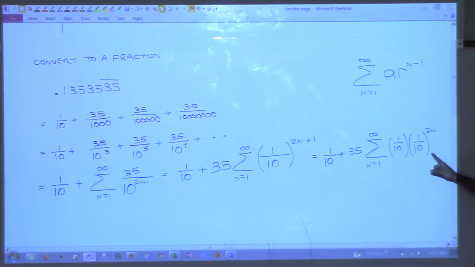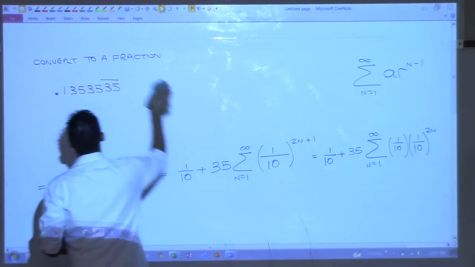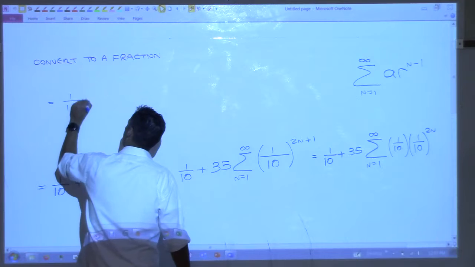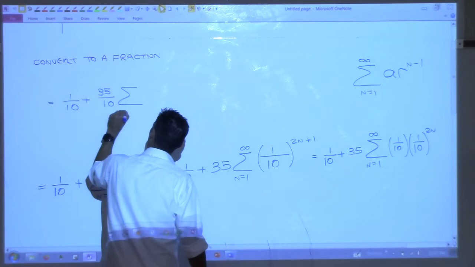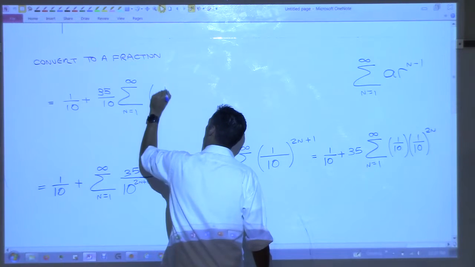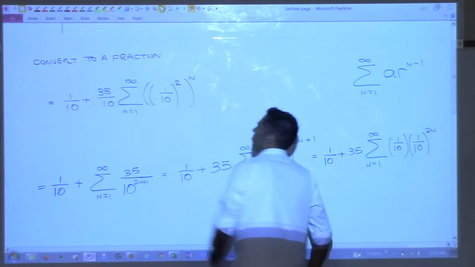Okay, let's do this. 1/10 plus 35 over 10 sum n equals 1 to infinity of 1/10 squared to the n.